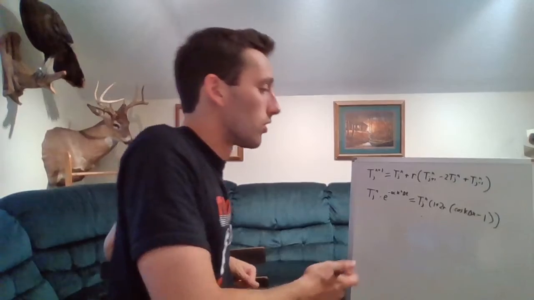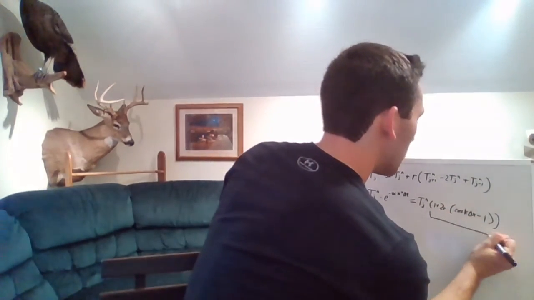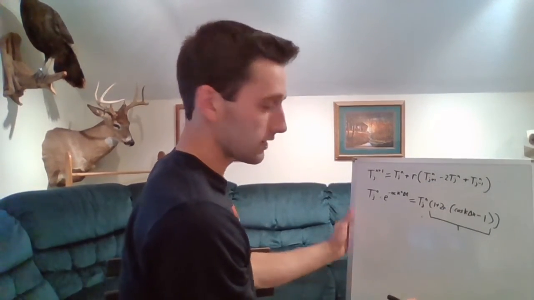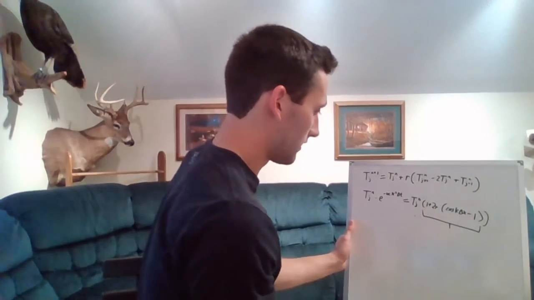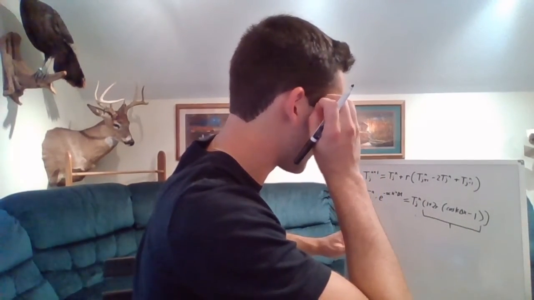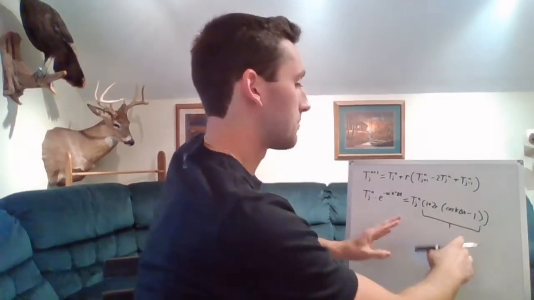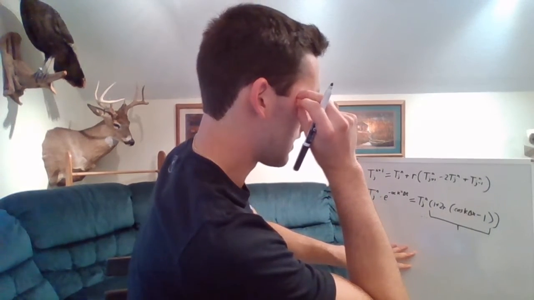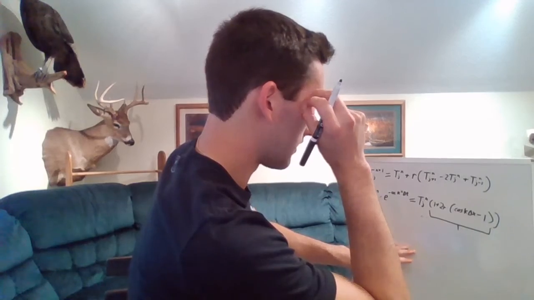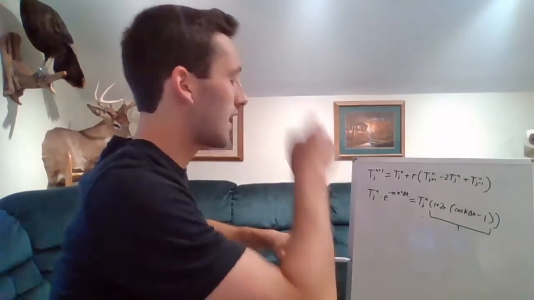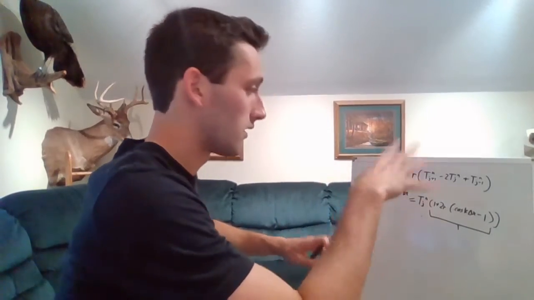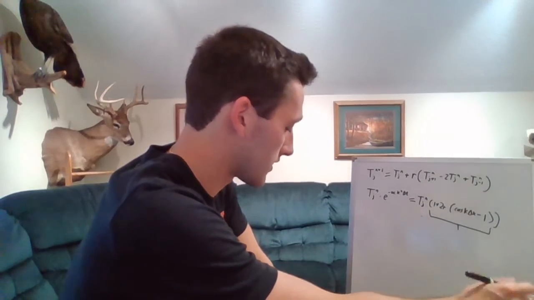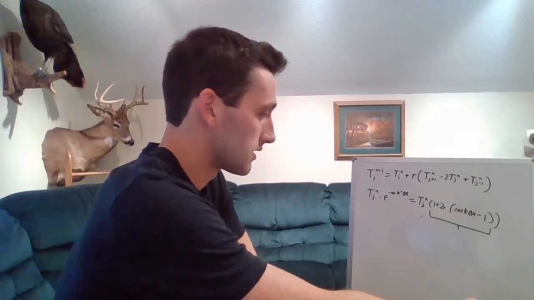And essentially for this portion right here, this portion must be less than 1. So therefore, the 2r times cosine k delta x minus 1 value needs to be less than 0.